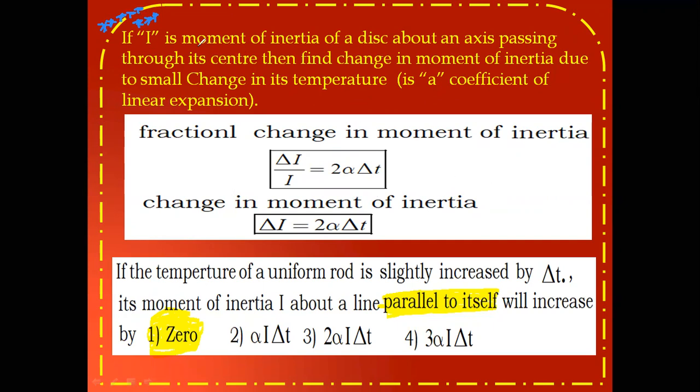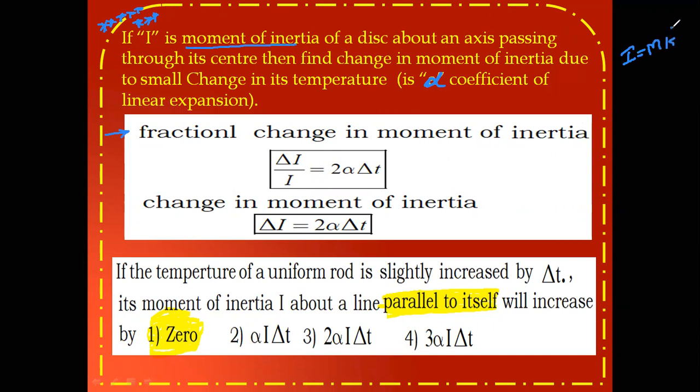Here, moment of inertia. Whenever moment of inertia is the term and it is related to the coefficient of linear expansion, alpha is the coefficient of linear expansion. Then what are the formulae we have to keep in mind? The basic formula for the moment of inertia is I equal to m into k square.